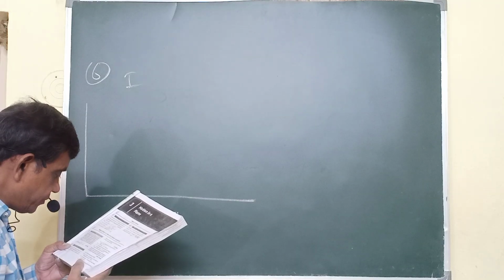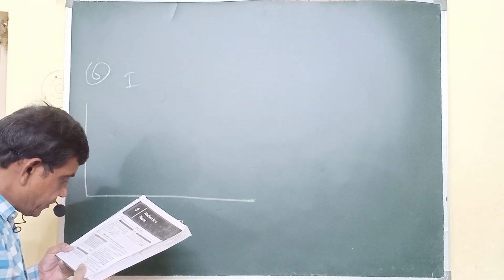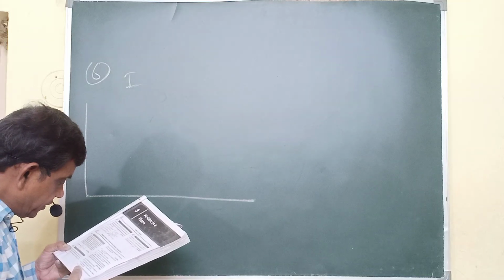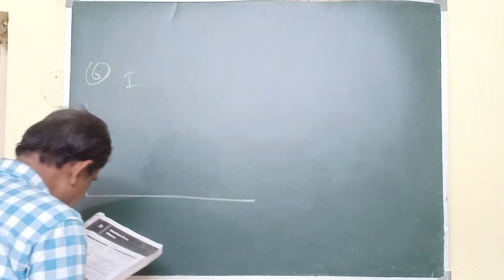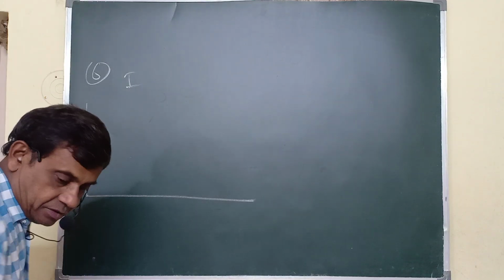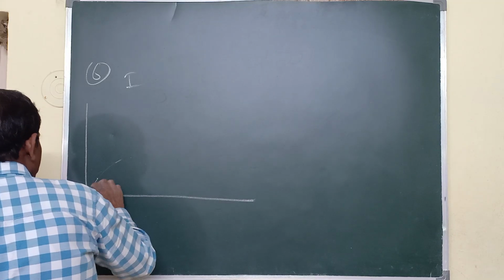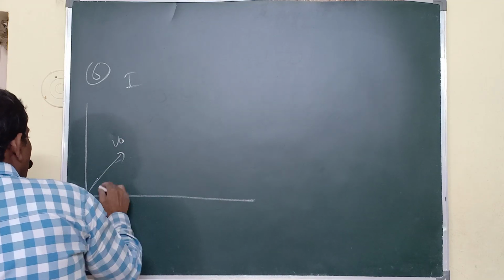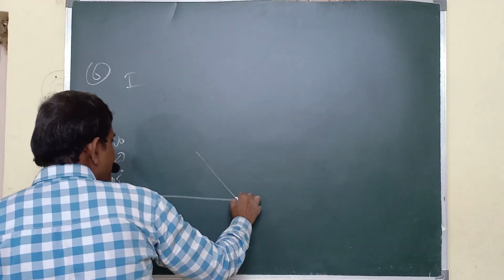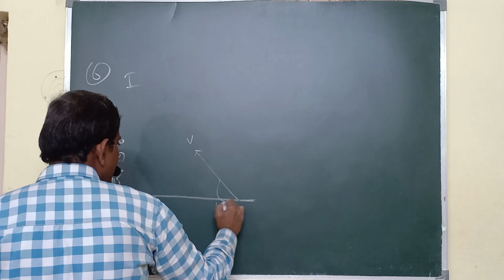The first one I am taking as V0 and the second as V. How much angle is it making here? 45 degrees. What about this one? This is V, and this is also 45 degrees.